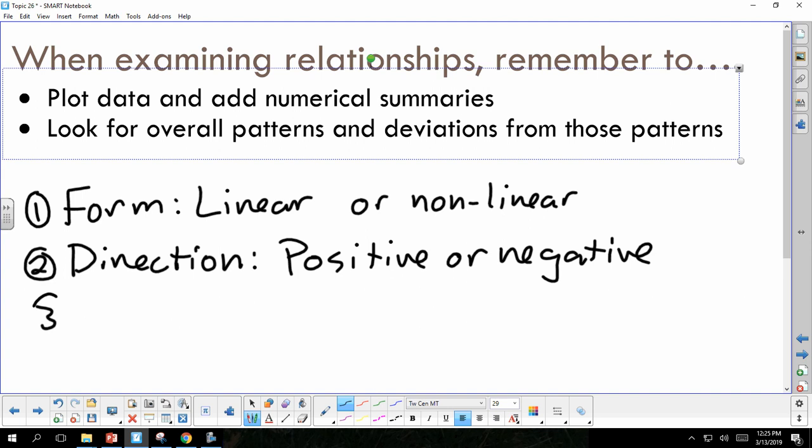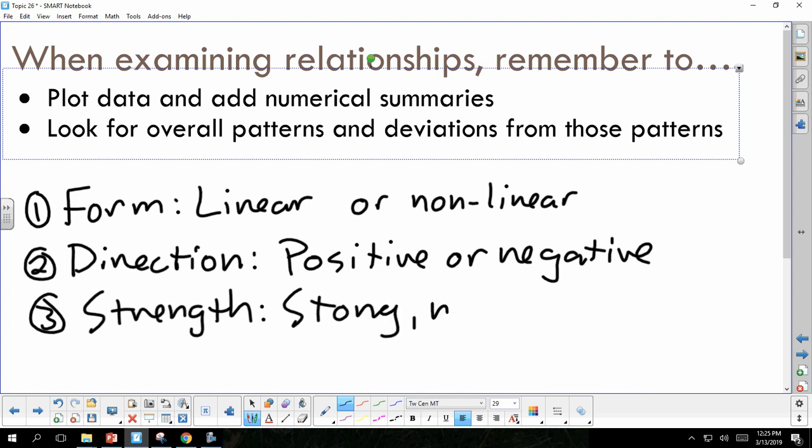And the third thing we want to identify when looking at a scatter plot is strength. How strong is the relationship? So we're going to say strong, moderate, or weak.